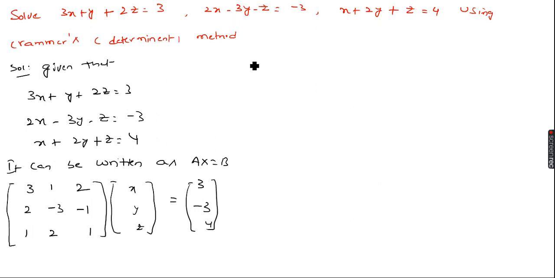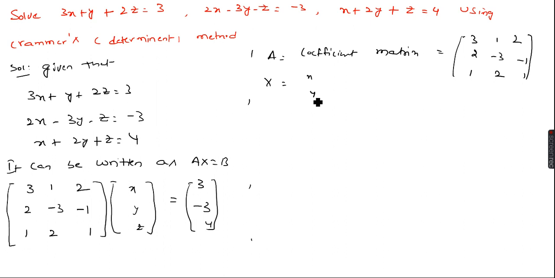So what is A? A is nothing but the coefficient matrix, that is 3, 1, 2, 2, minus 3, minus 1, 1, 2, 1.